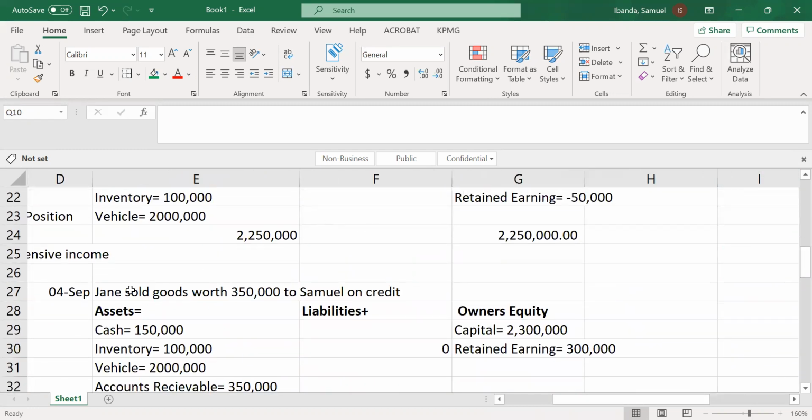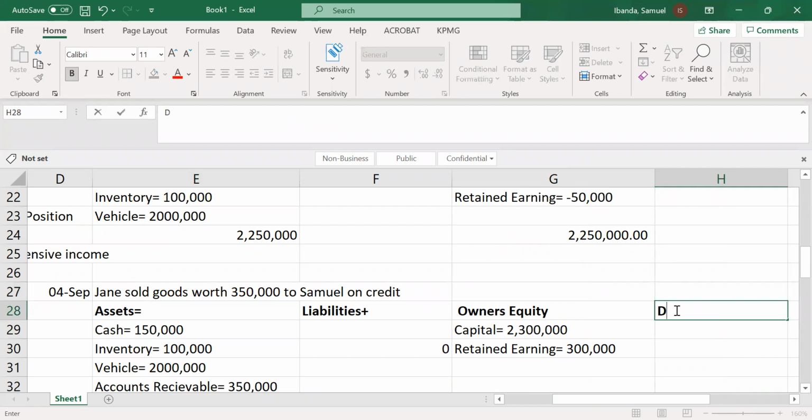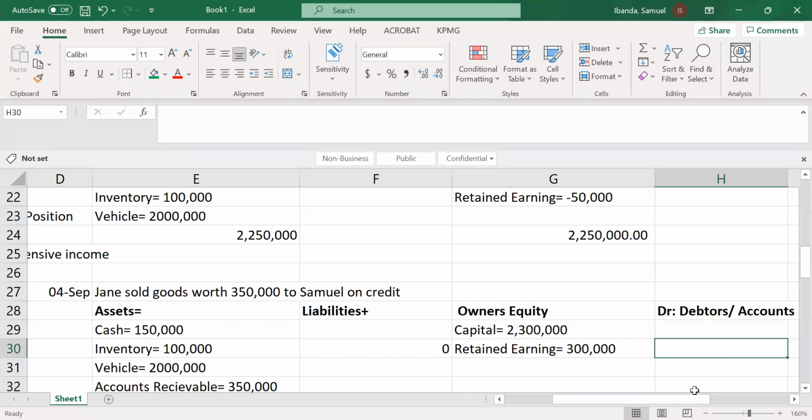When I move to goods sold on credit, this transaction brings about what we call debtors or accounts receivable. So for this transaction, we are going to debit our debtors account, which is also called accounts receivable. As we proceed, you'll realize that we shall use the term accounts receivable very often.